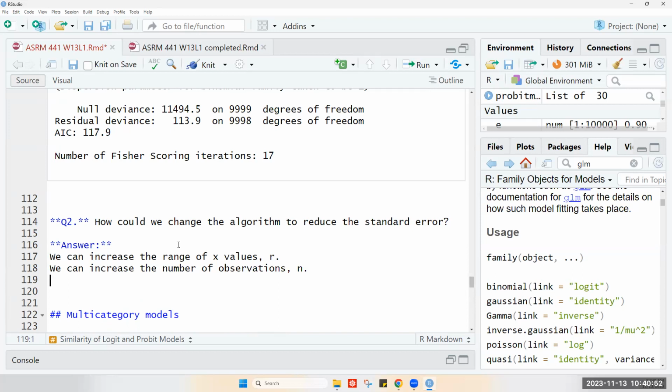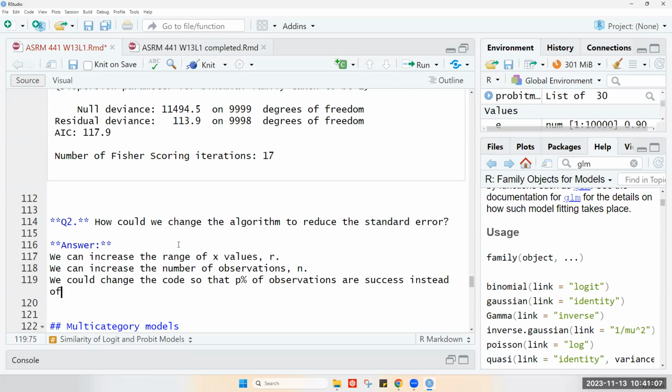And a more coding-centric change is that we could change the code so that p% of observations are successes, instead of giving each observation a p% chance for success.